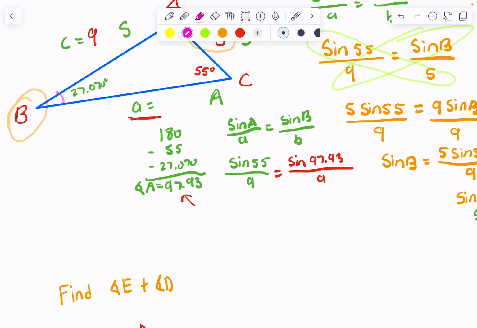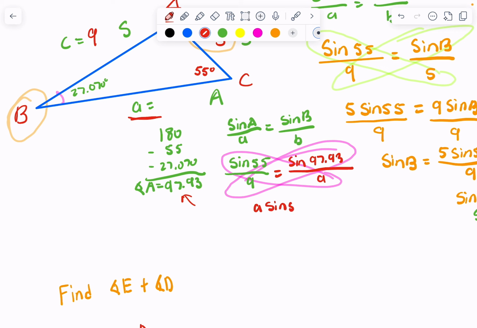Now we're going to cross multiply, and you get a sine 55 equals 9 sine 97.93, and you want to isolate a, so that's dividing by sine 55 on both sides.